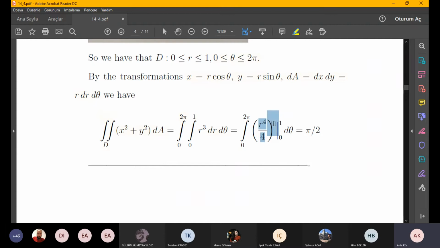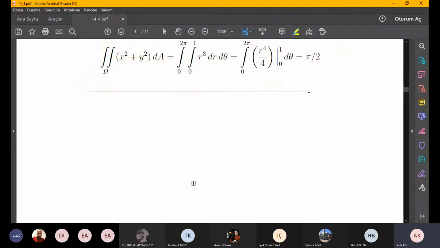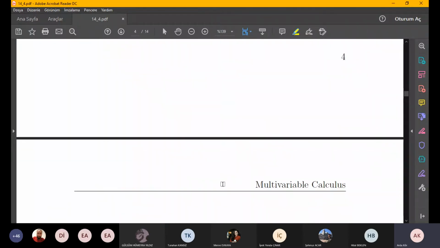After you compute this, you compute the other definite integral, and it gives you pi over 2 unit cubes, since it is a solid, the volume of the solid that we tried to compute.